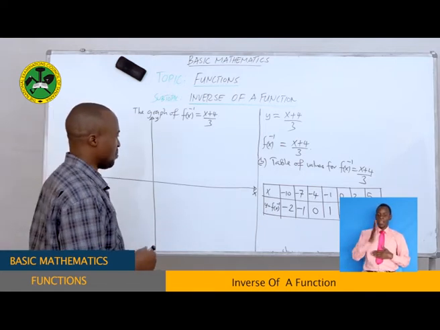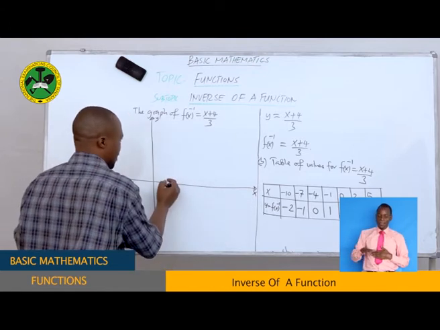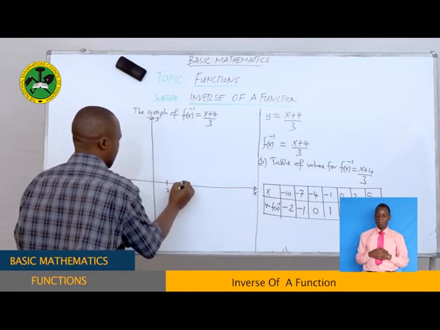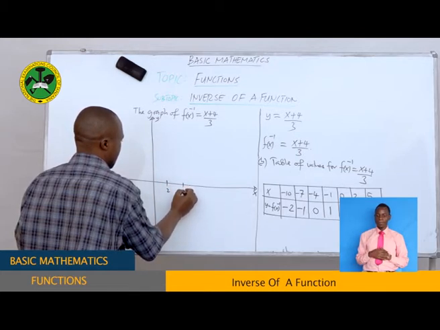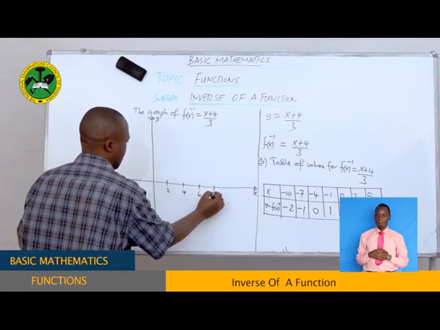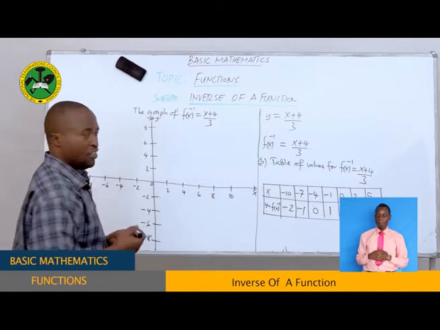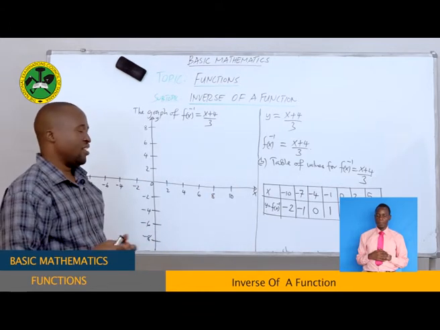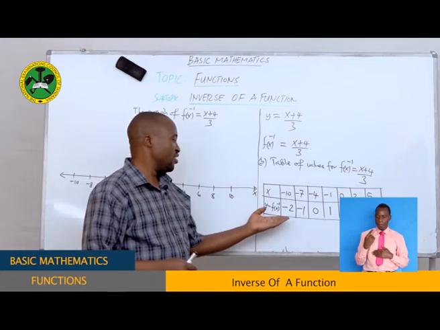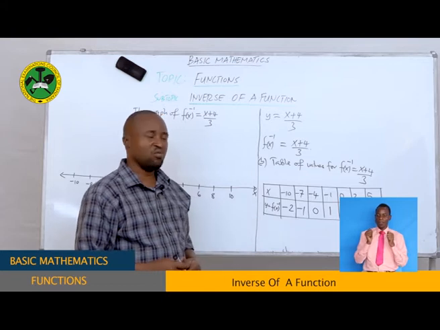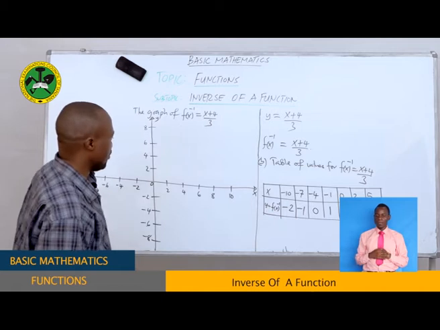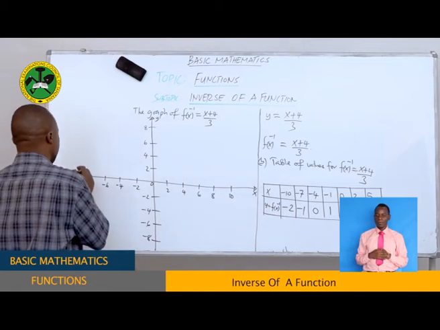So in this case, these are the numbers. So the first coordinate, that is x is negative 10, y is negative 2. So that is negative 10, comma, negative 2.